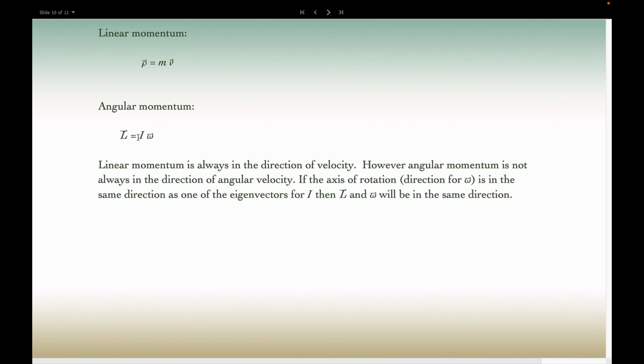The angular momentum is not necessarily in the same direction as omega, as this is a matrix. However, if omega is in the same direction as one of the eigenvectors of the matrix, then these two will be parallel. That is, the angular momentum will be in the same direction as the angular velocity if your angular velocity vector is along one of the principal axes.